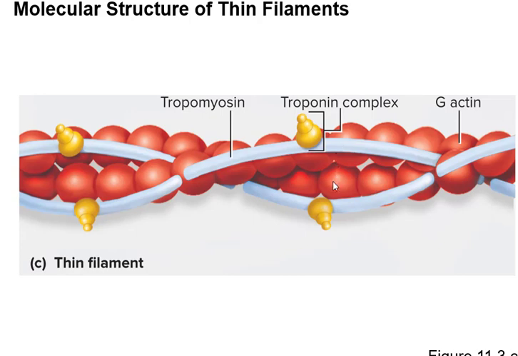So the red represents the actin in this particular model, and it's a double band. So it looks like somebody's taken a string of pearls and twisted them together. And then overlaying them is the tropomyosin. And then holding them together is the troponin. So it's almost kind of like they're thumbtacked onto there.